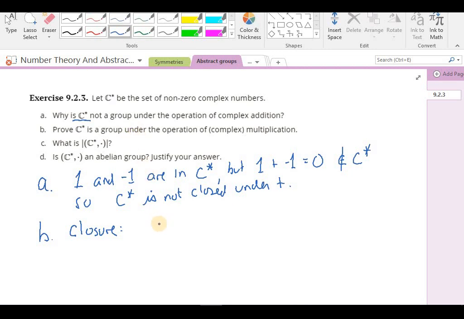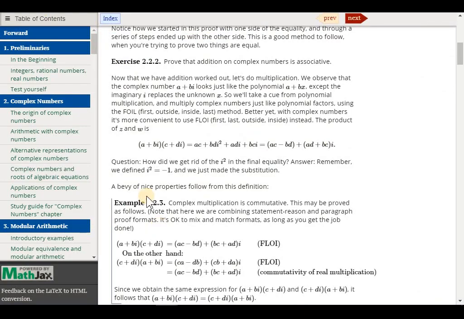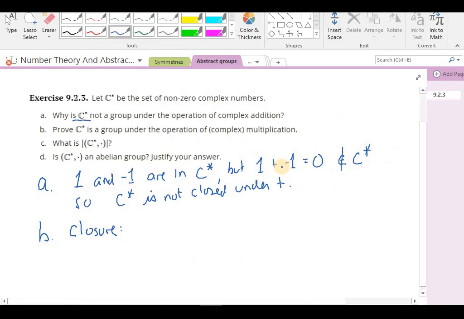So let's go back to the definition of product of complex numbers, which is right here. You could quote this, or I'll just write it down.